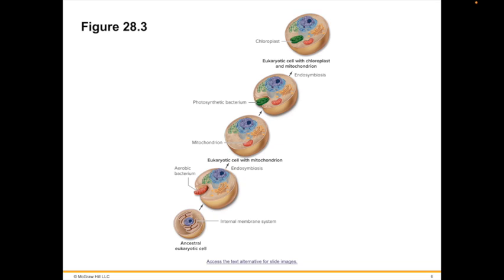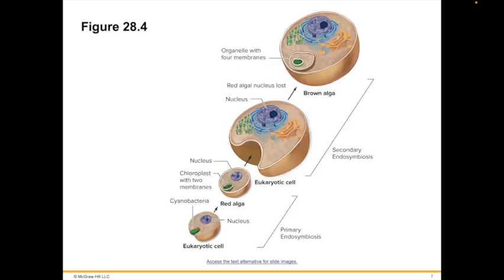Figure 28.4 explains how red algae obtained their chloroplasts by engulfing photosynthetic cyanobacteria. The brown algae most likely obtained their chloroplasts by engulfing one or more red algae, a process called secondary endosymbiosis, shown to you now in Figure 28.4.